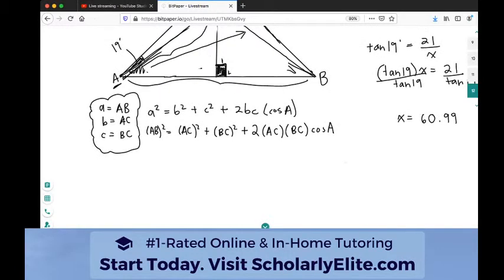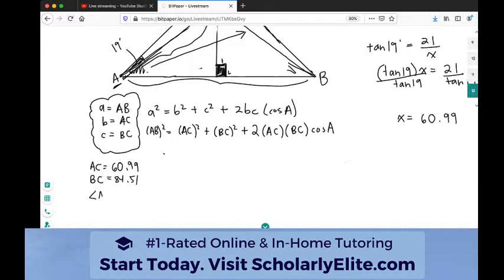So I've got, where did it go? Over here, I'm going to write this over here. AC equals 60.99. And we know that BC equals 84.51 because the question told us that.